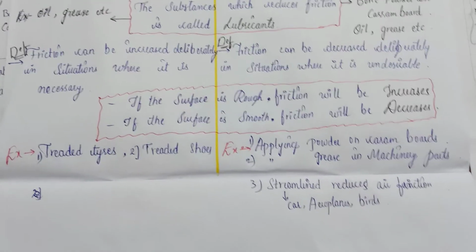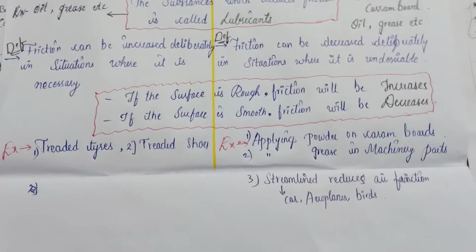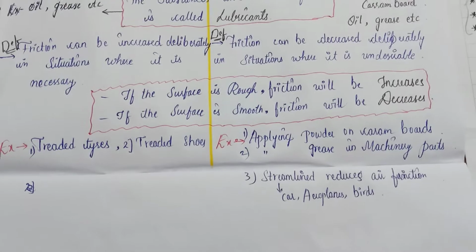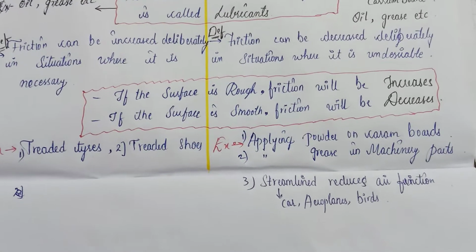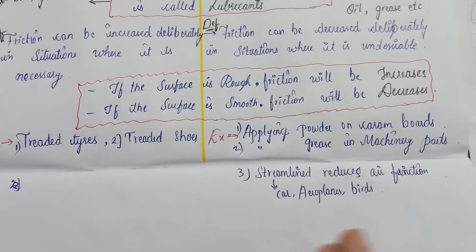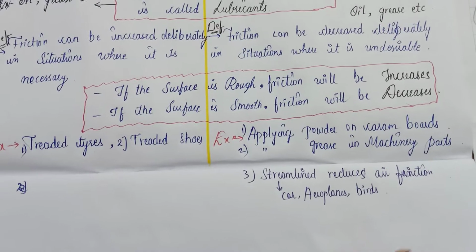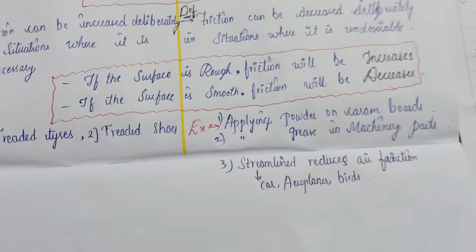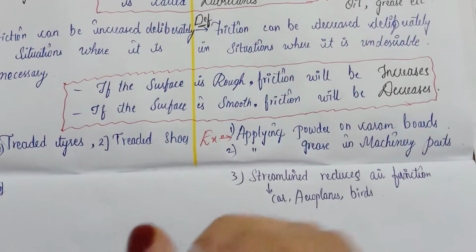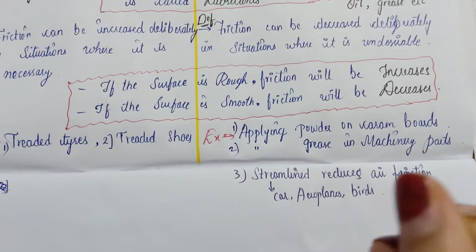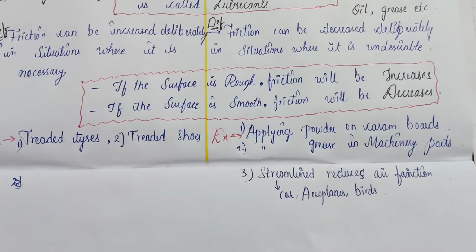The surface of the tire has designs or patterns which are very rough in nature. Those designs make the tire rough and uneven, and that rough surface helps the vehicle make a grip and move well on the road. Then the chances of slipping will be less.